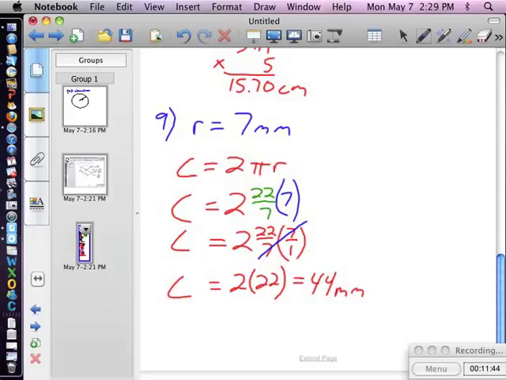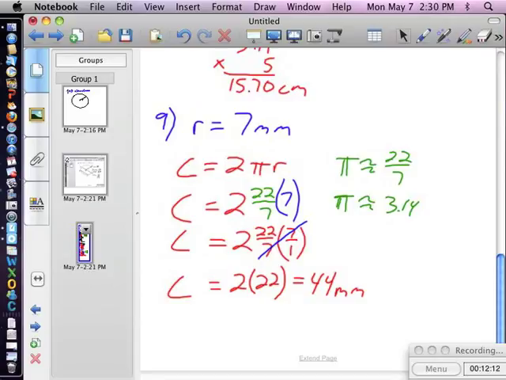So I was having trouble describing that before, but now that I have an example, it's simple. When you get a radius or a diameter that's divisible by 7, you're going to want to use a pi of 22 over 7, because then you won't have to deal with decimals. Otherwise, you can just use 3.14, or if you like fractions better, you can always use 22 over 7.